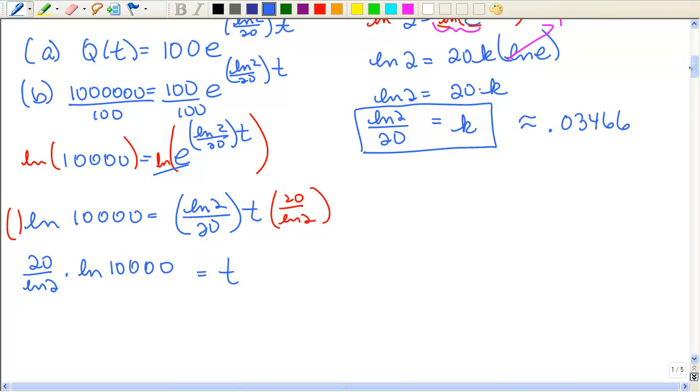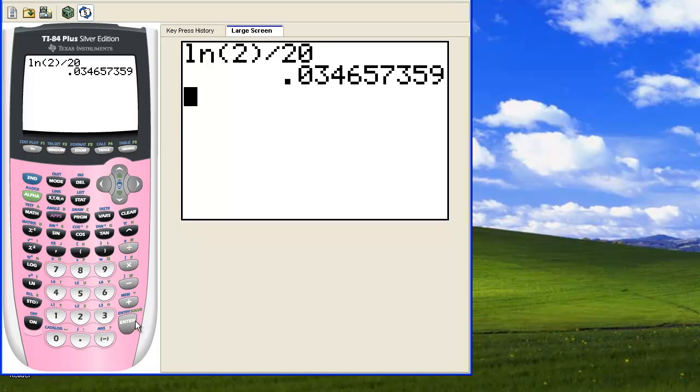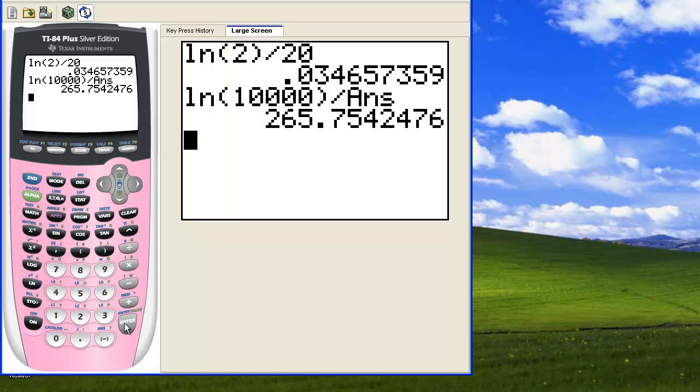Then punching that into my calculator, and I'm going to be using a TI-84, but a lot of your calculators have some of the same keys. I would punch that in, and I would get 265.75.